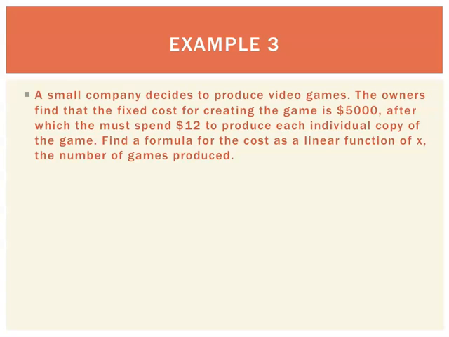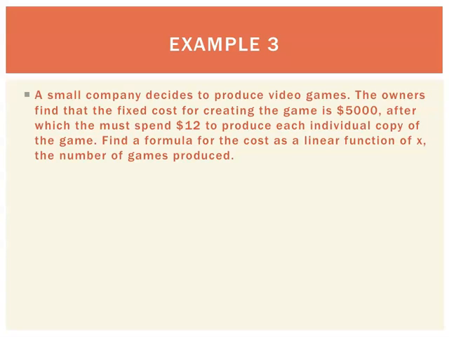But then the $12 to produce each individual copy would be maybe the shipping cost for each individual game. Perhaps it is the packaging for each individual game. So those are things that would account for the marginal cost, this $12 that's being spent on each individual one.